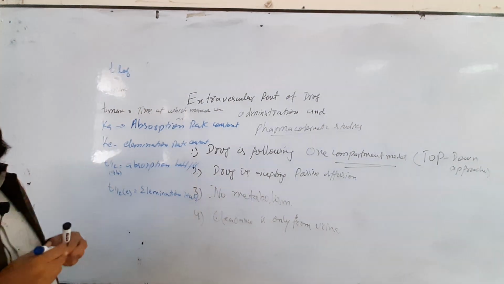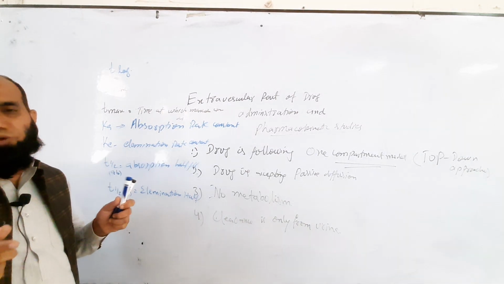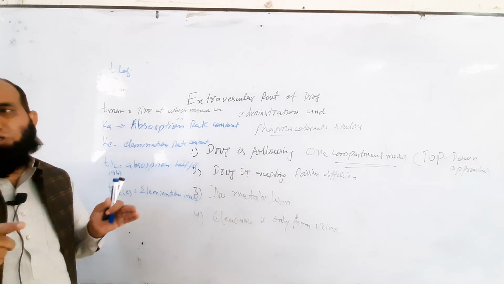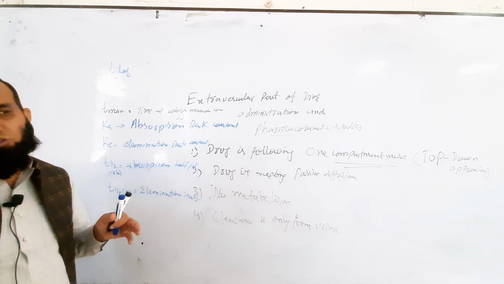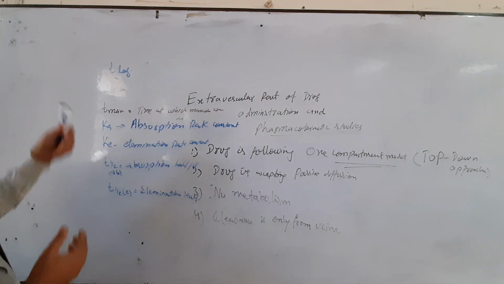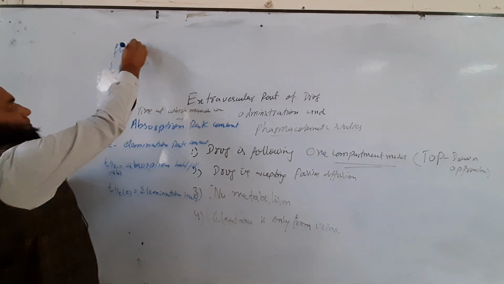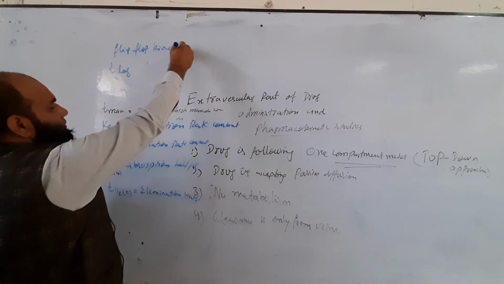This is the lag time: for those drugs which are absorbed, before the absorption there is some time where the drug is not present in the systemic circulation, and we will call that the lag time. Then we will cover flip-flop kinetics from the same chapter.